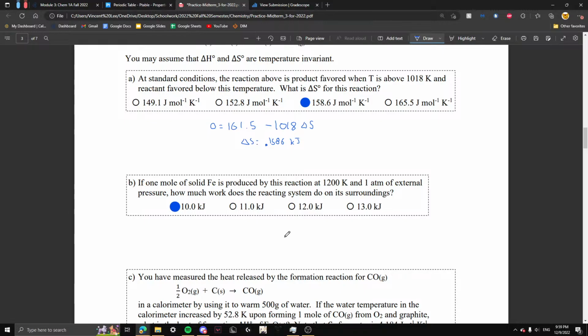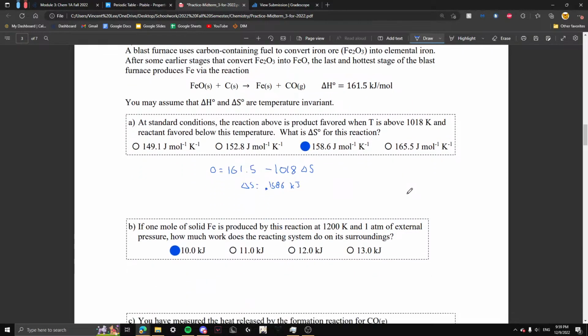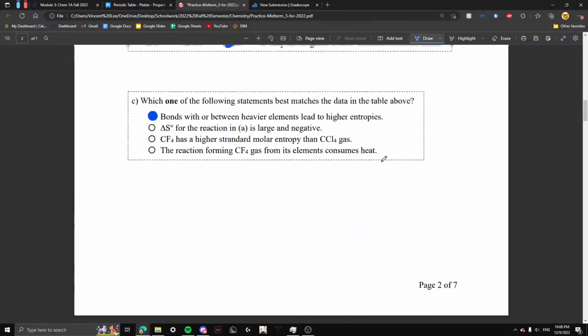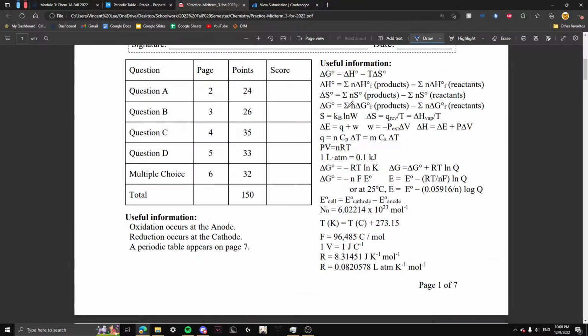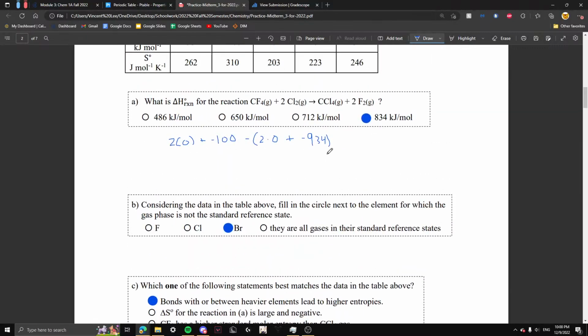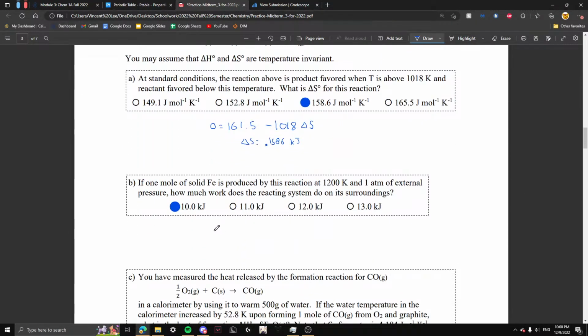I'm blanking, sorry. I'm fairly sure you're just supposed to use the delta G reaction now. Yeah, I think that's what you're supposed to do.